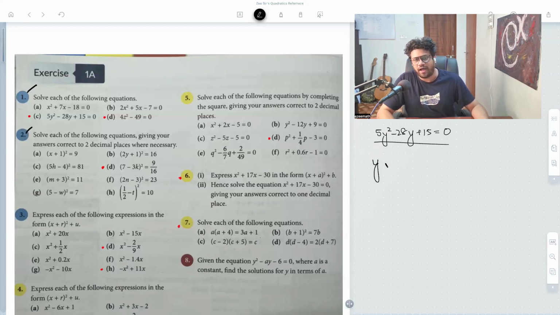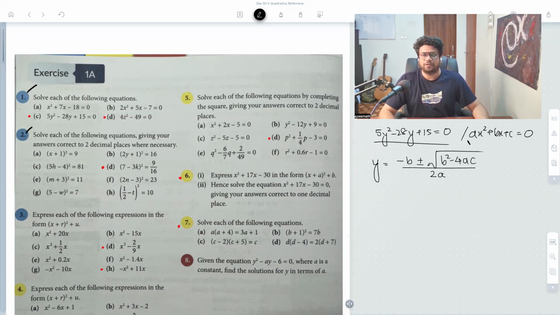So y equals minus b plus minus root over b square minus 4ac divided by 2a. This is what the general form of a quadratic is supposed to look like. A here is 5, b here is negative 28, and c here is 15. So I'm going to only substitute these values.